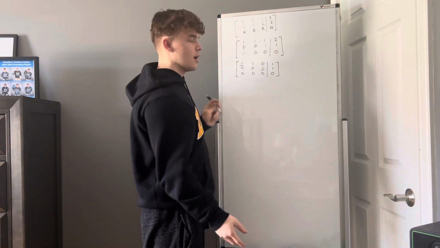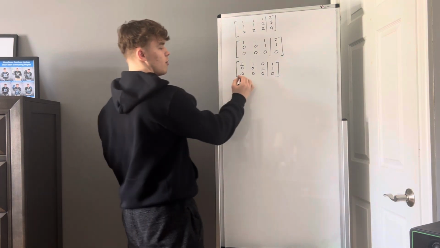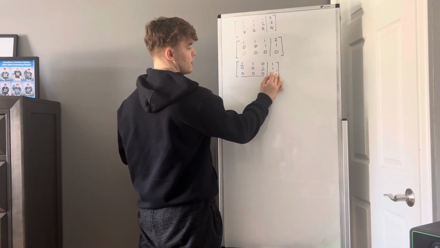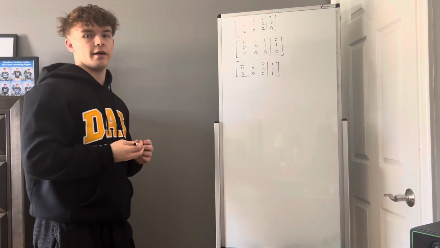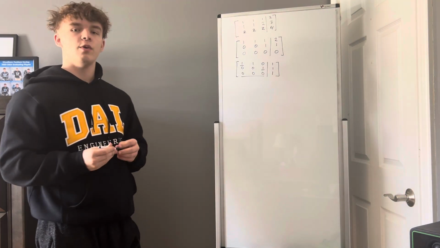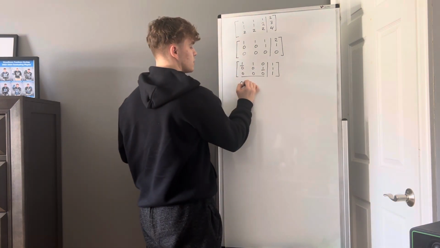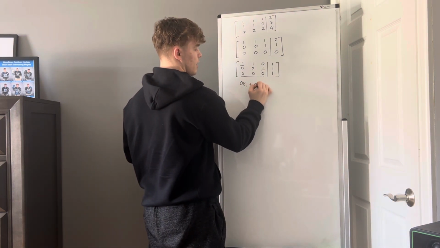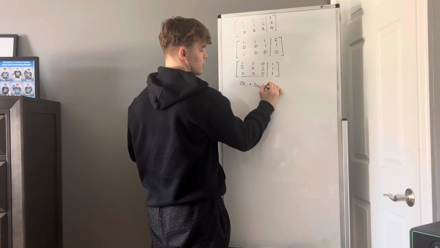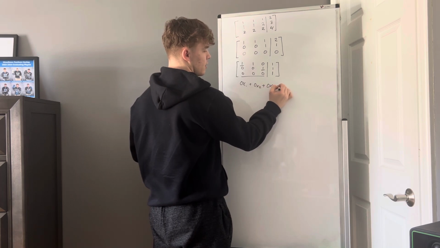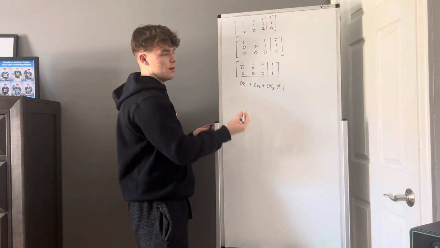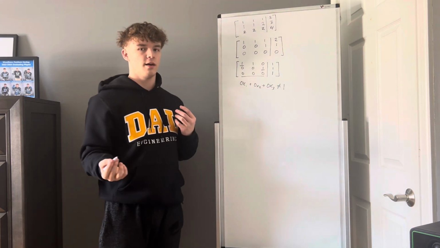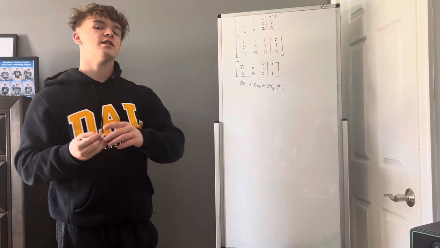But let's say we have a row of zeros and then some non-zero constant, say 1. Well, we know that 0x1 plus 0x2 plus 0x3 must equal 0. It can't equal 1. But this is telling us that it equals 1. So what does that mean? It means there's no solution.